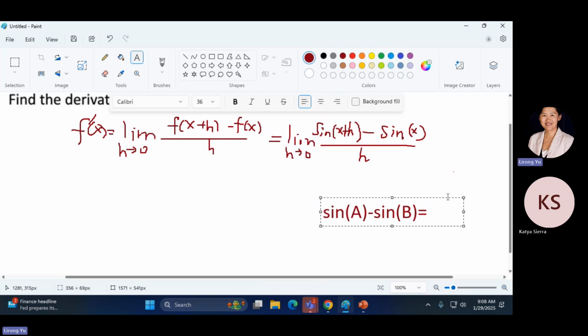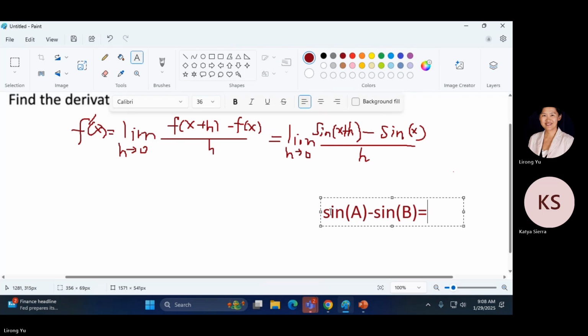Do you know what the formula was? Anybody remember the formula? This is a subtraction; you can consider it as a summation of a negative term. We want to write it into multiplication because we're hoping to cancel a common factor. We're hoping the numerator and denominator have something we can cancel, so multiplication will be a better format than subtraction.